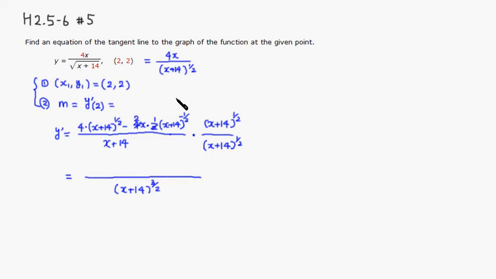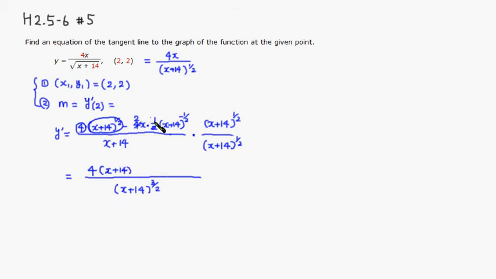Then I'm going to distribute this to the first term and also the second term. For the first term, you have 4 here, then quantity x plus 14 to the 1/2 power times itself, so you have just the x plus 14.